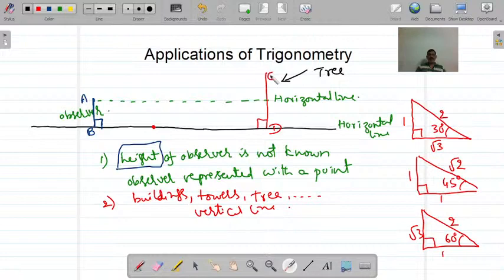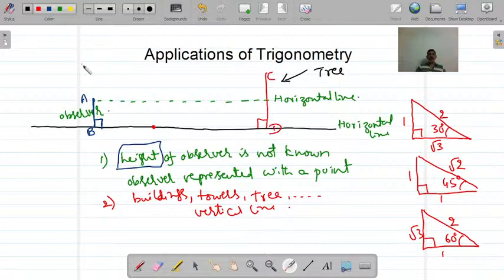If it is a building, then C is the top of the building and D is the foot of the building. Suppose we consider this CD like a tower, then C is the top of the tower and D is the foot of the tower. And if it is a tree, then C is the top of the tree, D is the foot of the tree. Okay, like this we consider.